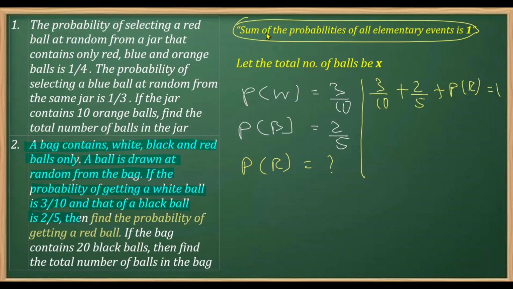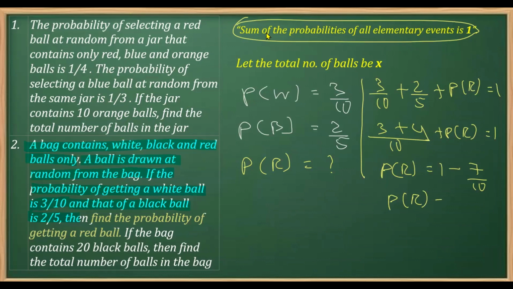By taking LCM, the LCM is 10. So 3 over 10 plus 2 times 2, which is 4, over 10, plus the probability of getting a red ball is 1. So the probability of red is 1 minus 7 over 10. The probability of getting a red will come as 10 minus 7, which is 3. So 3 over 10.